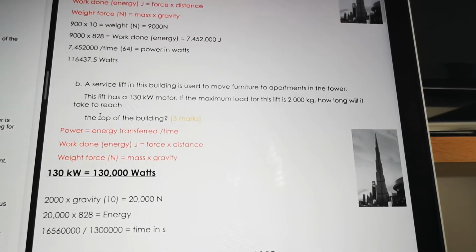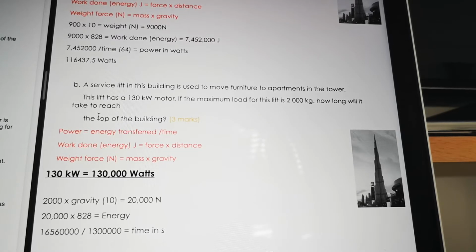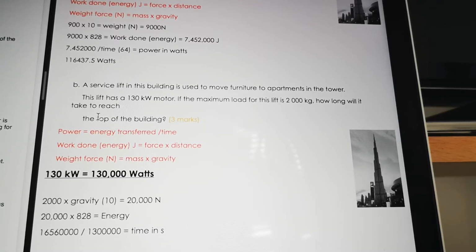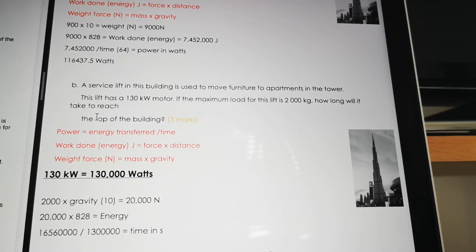The next one says a service lift in the building is used to move furniture to apartments in the tower. This lift has a 130 kilowatt motor. If the maximum load for this lift is 2,000 kilograms, how long will it take to reach the top of the building?